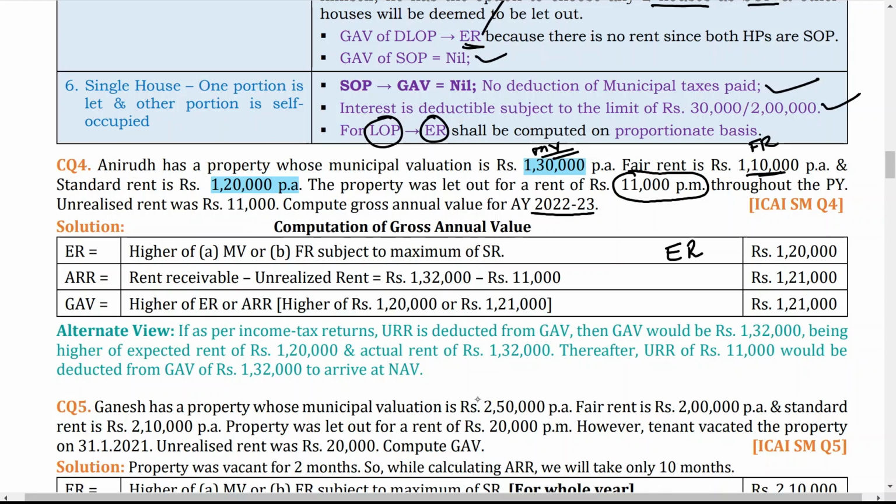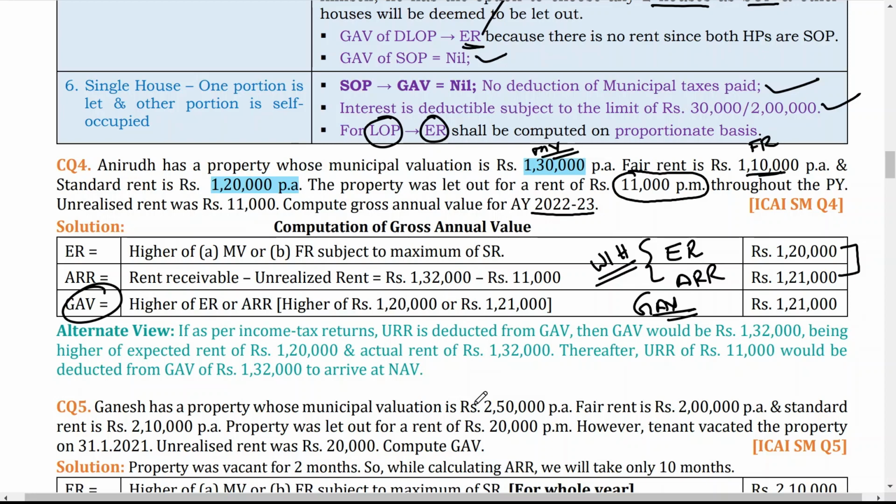So 1,32,000 and 11,000 rent per month is not realized. That is why it is deducted. So 1,21,000 is the answer. Now from these two, whichever is higher will become your answer. So higher is 1,21,000. So this is your GAV. That is mentioned here also.